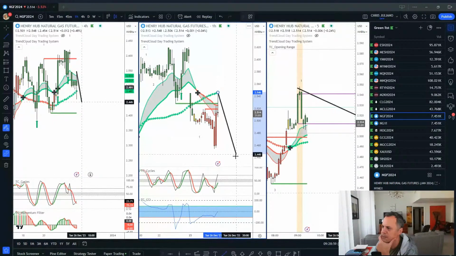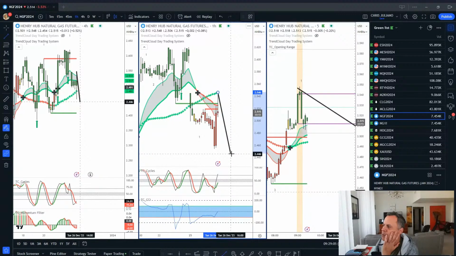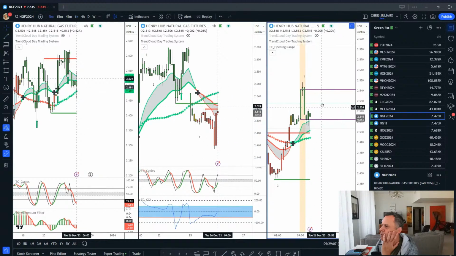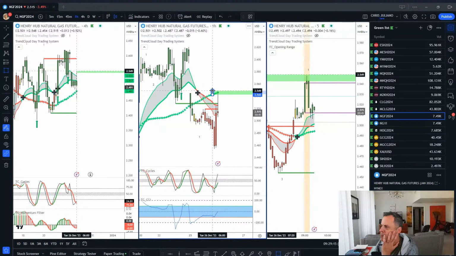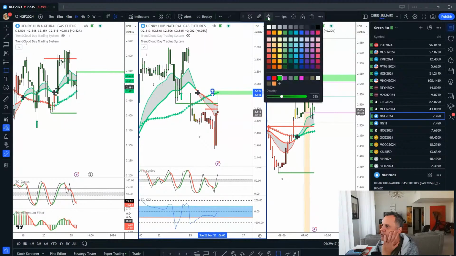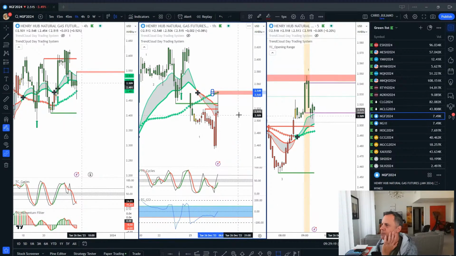Let's see if this thing turns around. So right here is the 50 simple. Let's do something like that, just to let us know that's what happened.